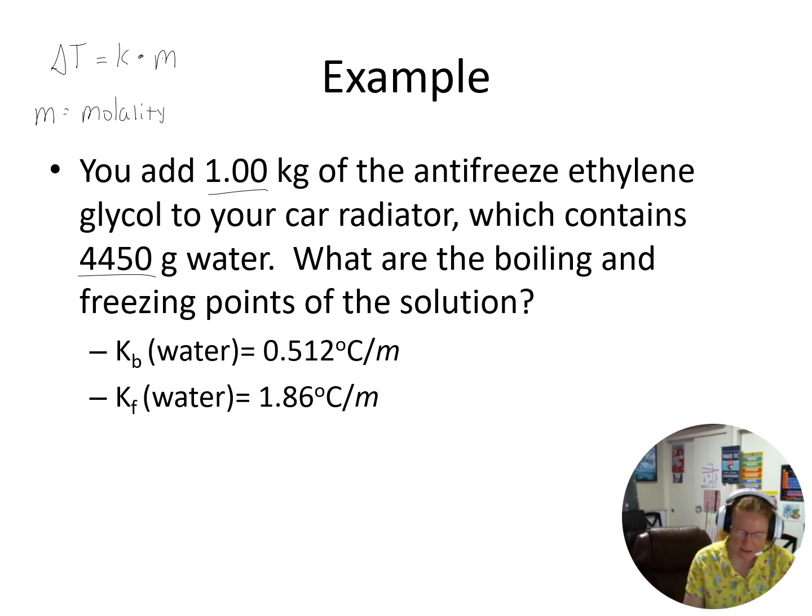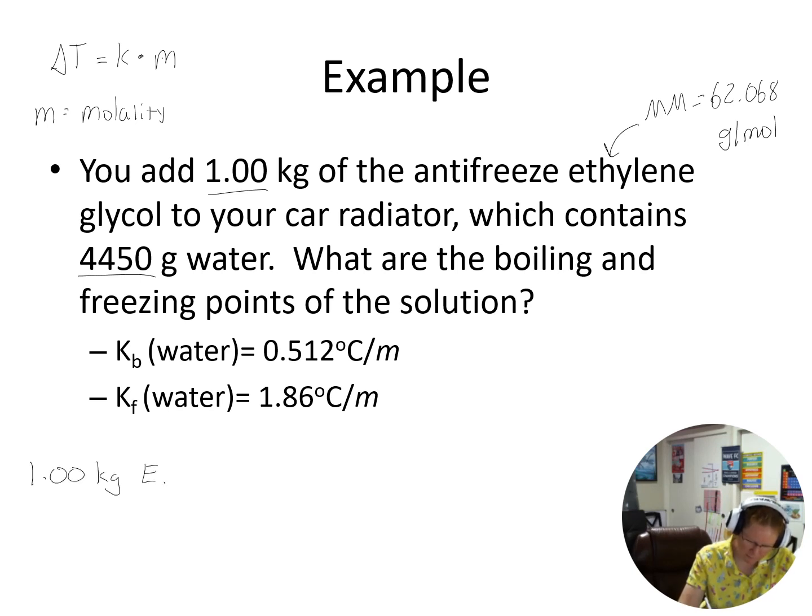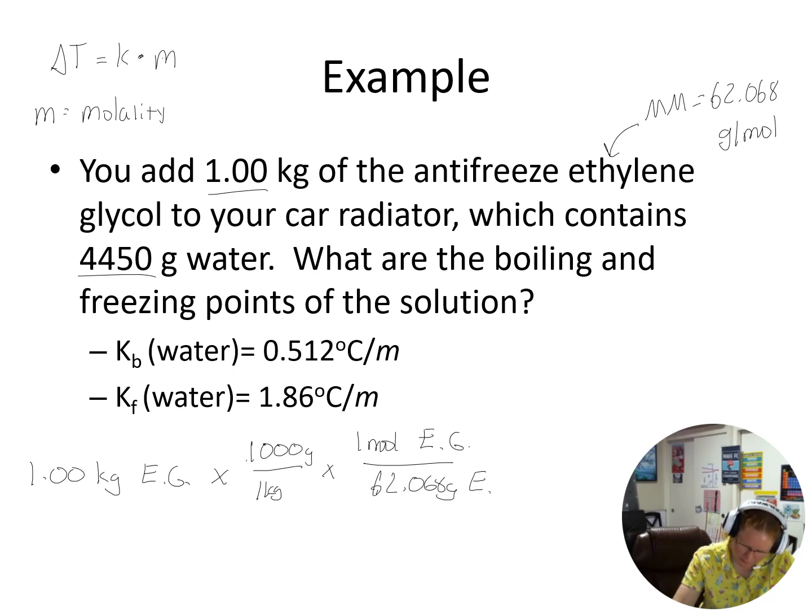All right, so ethylene glycol has a molar mass equal to 62.068 grams per mole. Okay, so we're going to take our 1 kilogram of ethylene glycol times 1,000 grams in 1 kilogram times 1 mole of ethylene glycol in 62.068 grams.